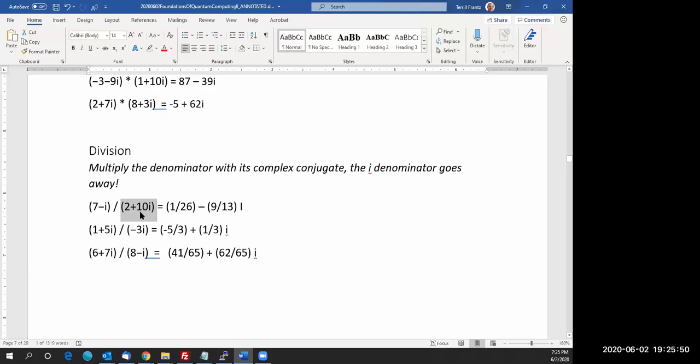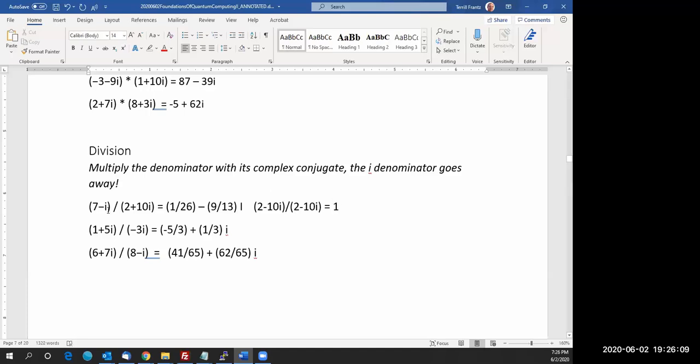So if I took the conjugate, which is 2 minus 10i, 2 minus 10i divided by 2 minus 10i, that of course equals 1.